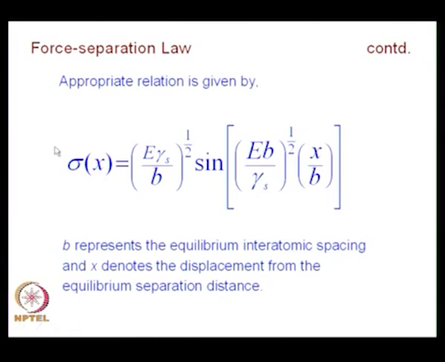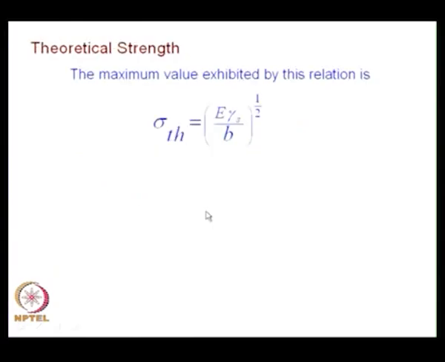So, now we have an approximate relation which gives you the force necessary for separation, and the maximum value is nothing but the theoretical strength. The theoretical strength is given as (E gamma s divided by b) whole power half.